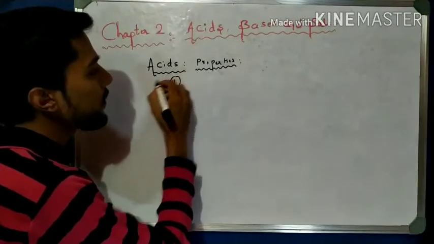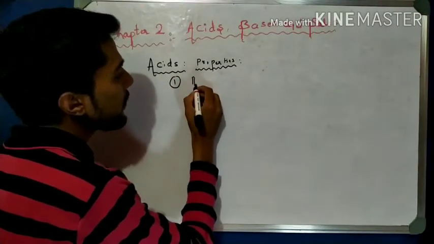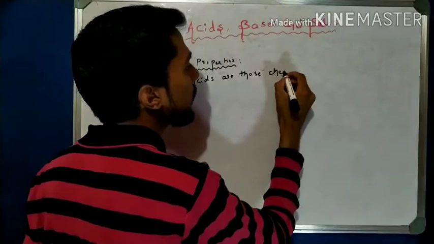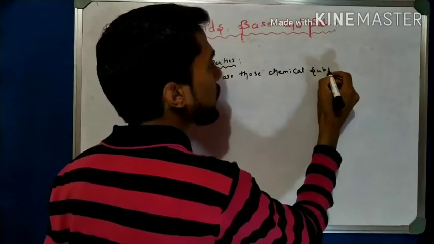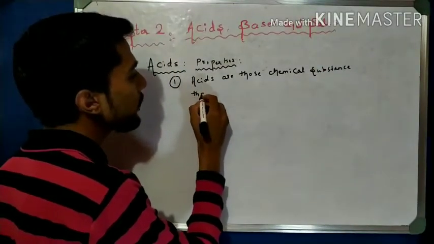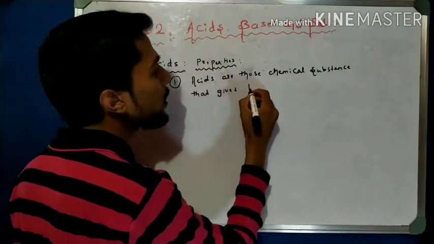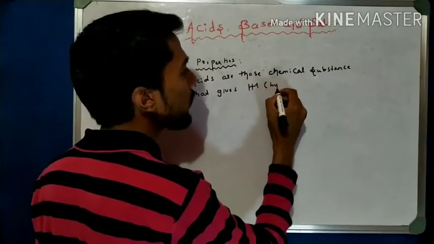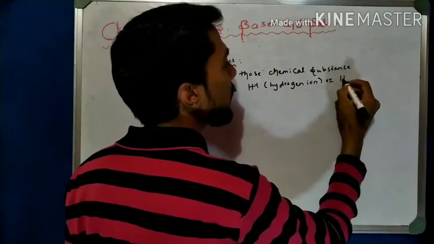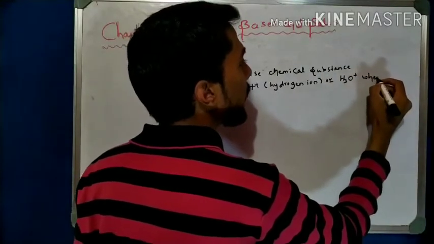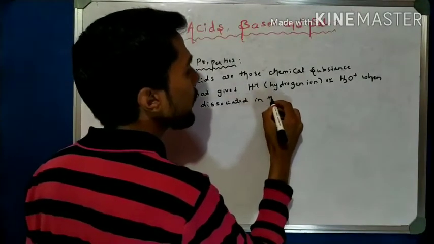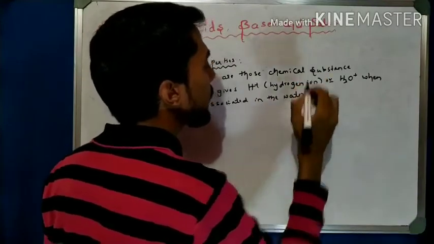Number one property of acids is: acids are those chemical substances that give H plus ions, that is hydrogen ions, or sometimes H3O plus with water, when dissociated in the water. So that is very important.